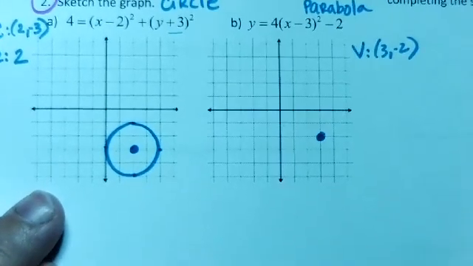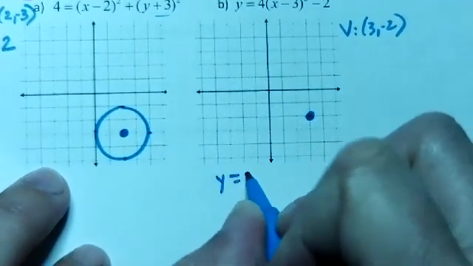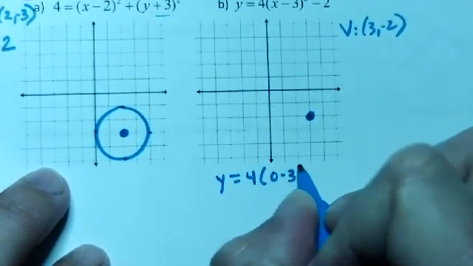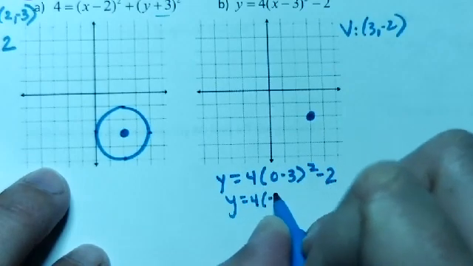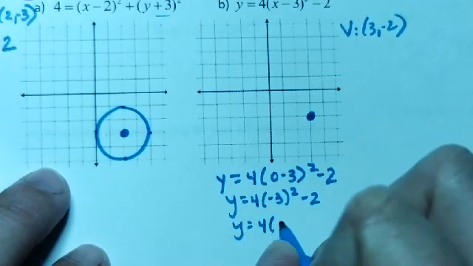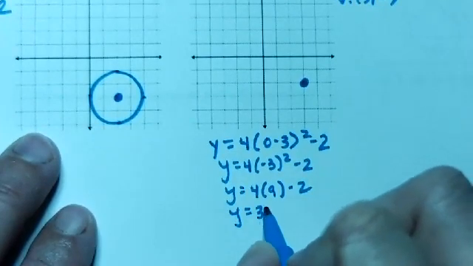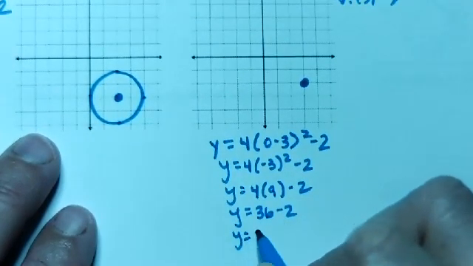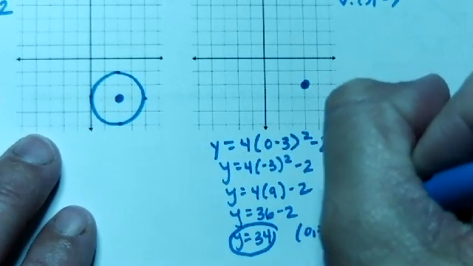So I'm going to go ahead and find the y-intercept by plugging in 0. Okay, so y is 34, which means my y-intercept is 0, 34.